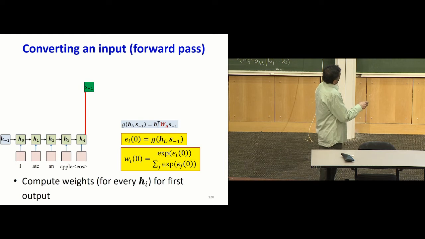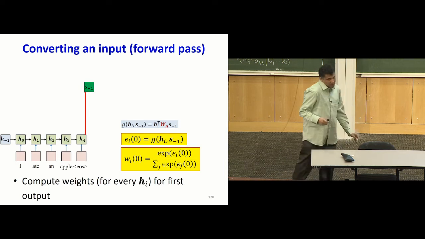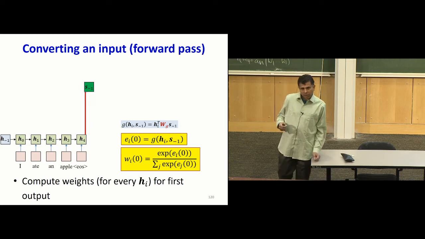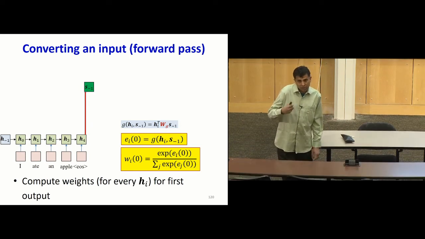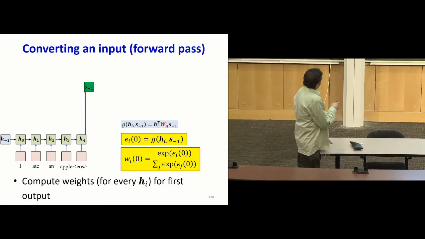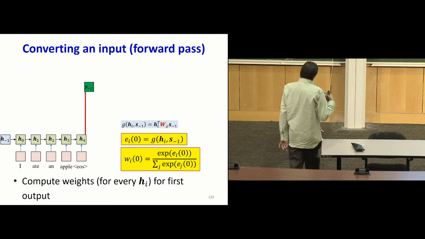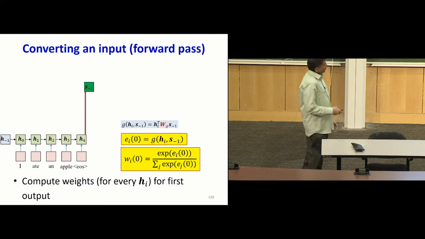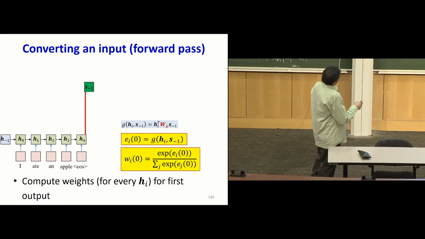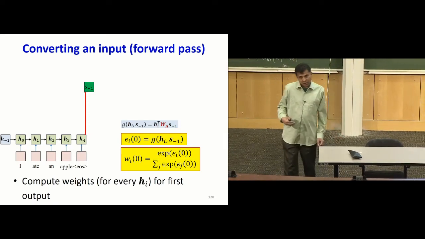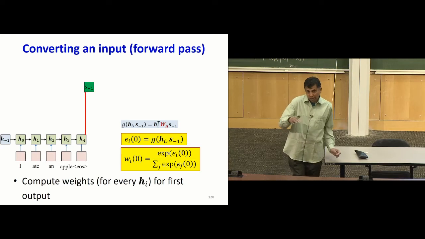So you would compute the raw weight e_{i0}, because we are producing the 0th output, and you're going to have one raw weight for each of these. From these raw weights, you'd apply a softmax and compute the normalized weights for each of these inputs. These normalized weights are going to sum to 1.